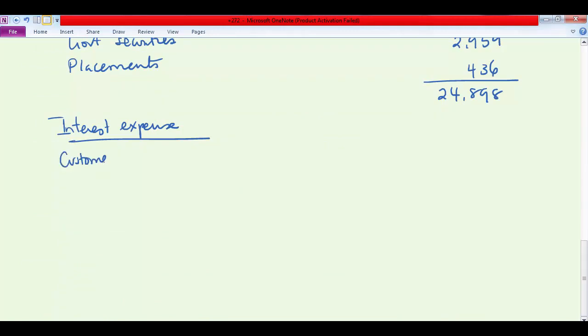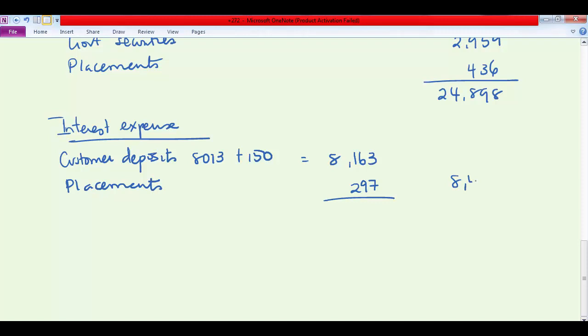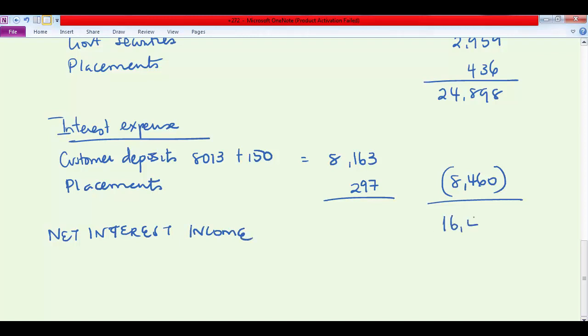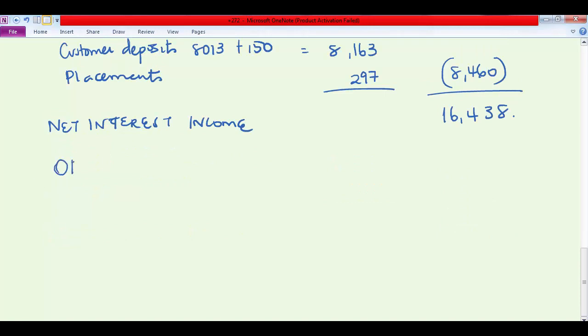Interest expense on customer deposits. And on placements. So when I add these, I get 8460. My net interest income is now 16,438.